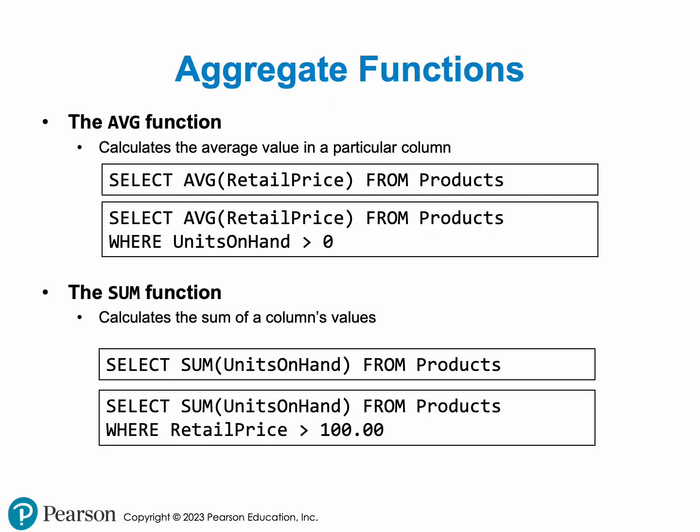There's a couple of mathematical functions that exist in SQL. The first one is AVG, which stands for average, and there's also a sum function. The average function will calculate the average value in a particular column, so it will display an average value from all of the values that are inside of that column, and the sum is just going to calculate all of the values added together from that column.